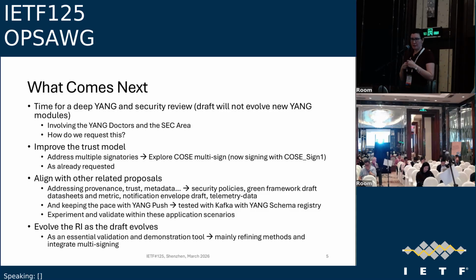And in the notification envelope, that is the second example that we put in our draft. We have also been testing this with YANG Push and the YANG schema registry that they are working on in NMOP, I think.